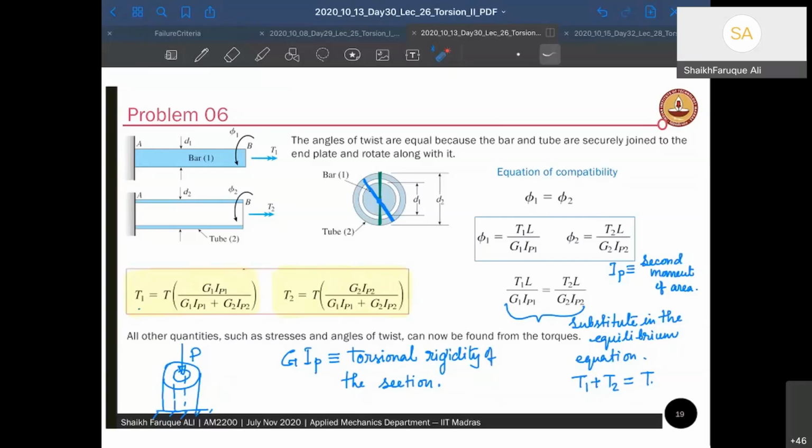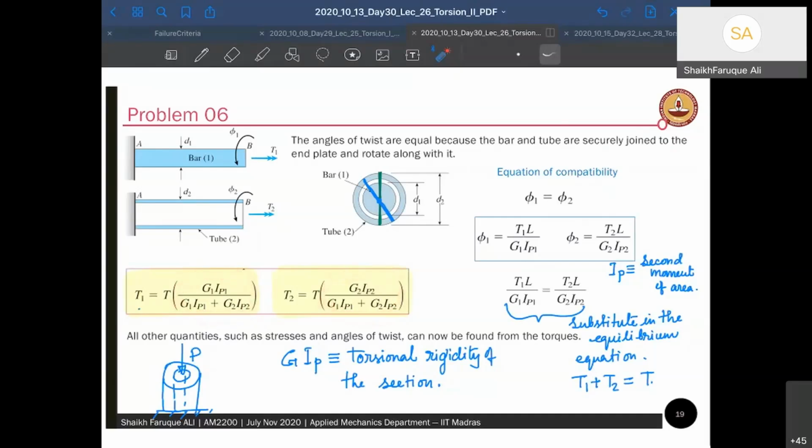Remember that formula, A1 E1 divided by A1 E1 plus A2 E2. Here also you see G1 I1 divided by G1 I1 plus G2 I2. So the sharing of the torque is happening based on the ratio of their rigidity with respect to the total rigidity.